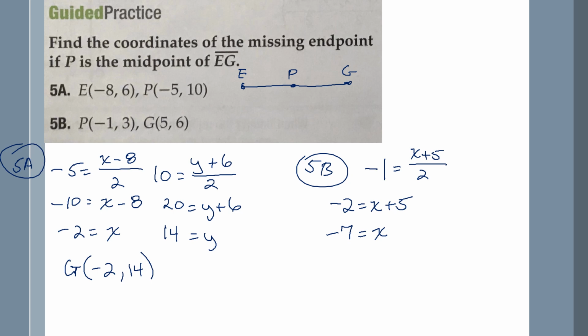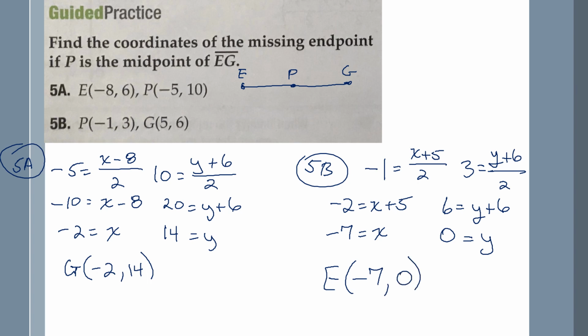In the second part here, 3 is equal to y plus 6 over 2. So 6 is equal to y plus 6. Subtract 6 from each side. 0 is equal to y. So on this problem, point E is at negative 7, 0.